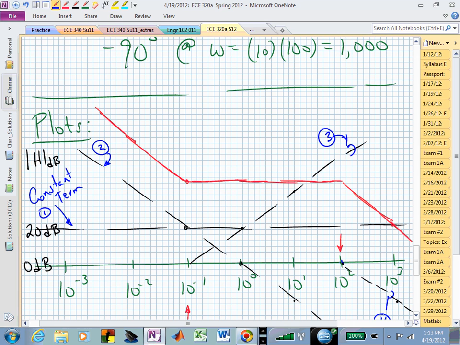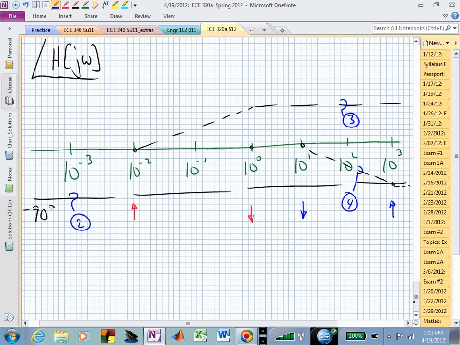Is that making sense? Now let's add all of these pieces up in our phase. We are going to be at minus 90 to begin with. Then at that point we start adding a positive slope of 45 degrees per decade because we go through 90 degrees over 2 decades.